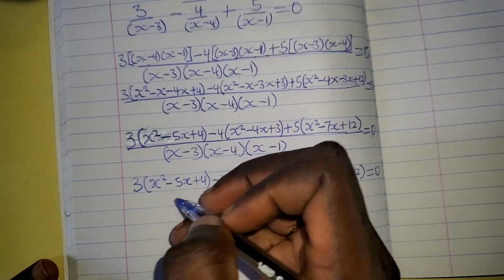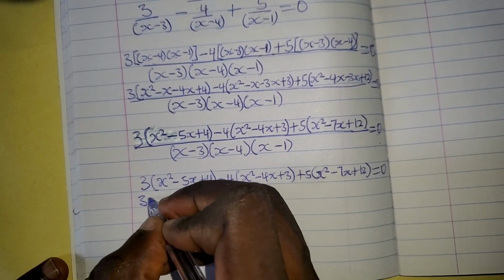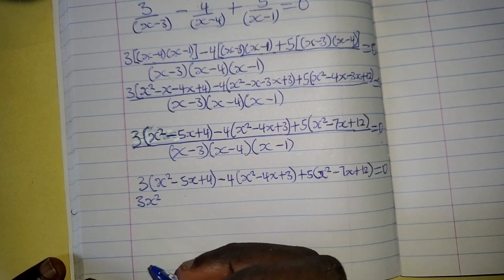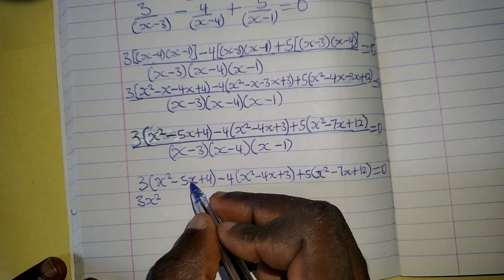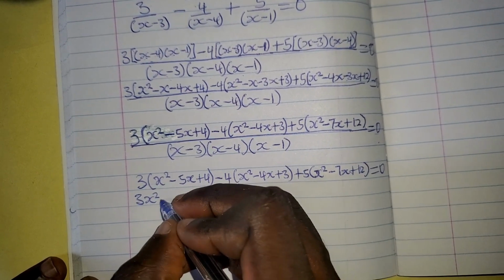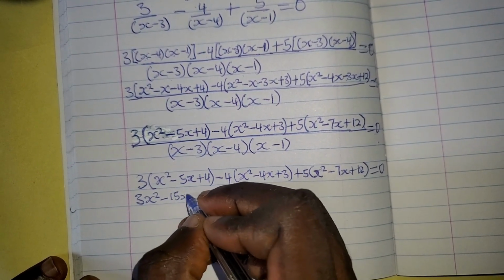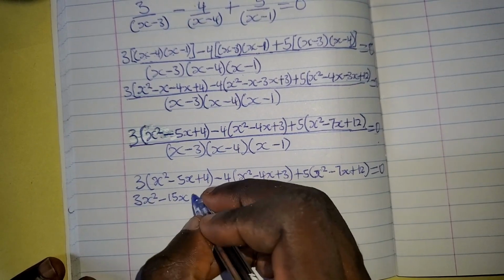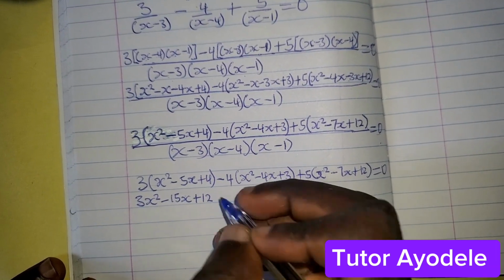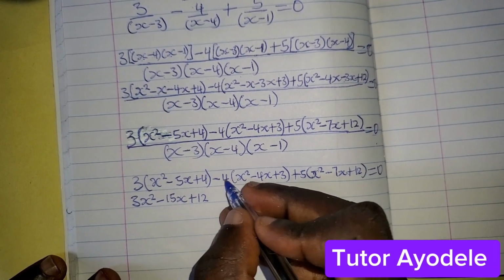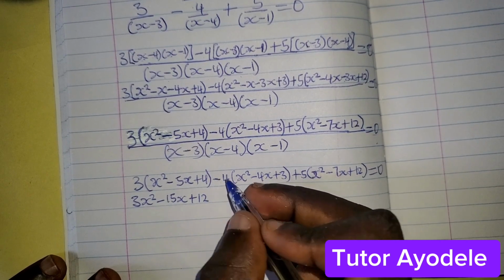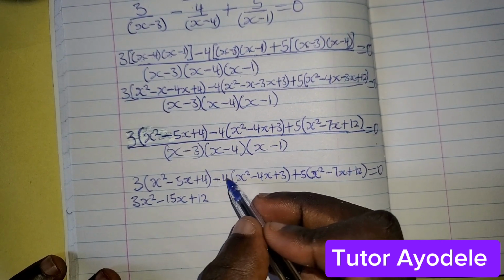So 3 times x squared will give me what? 3x squared. Okay, 3 times minus 5x, it will give me minus 15x. 3 times 4 will give me plus 12. Okay, minus 4, you know, this minus belongs to this 4, so I will carry the minus along with this 4.